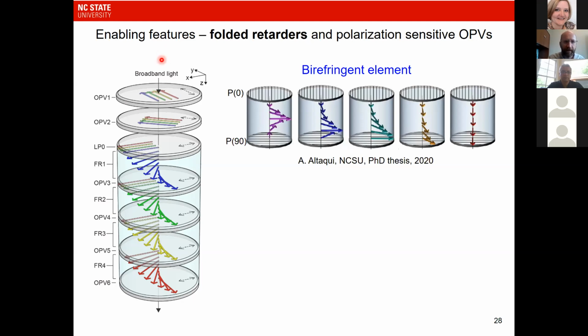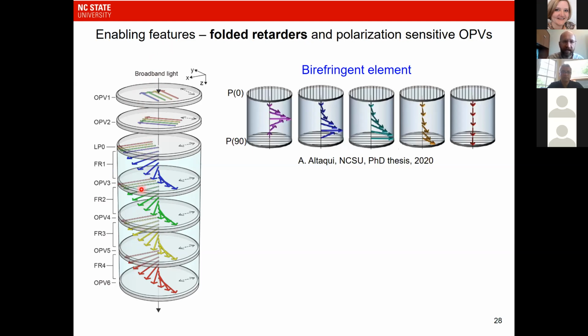If we have some white light, represented by these different colored arrows, with some polarization state, that would be detected by the first two polarized photodetectors. Those polarizers are in different orientations to figure out what that polarization state is. And then this latter stack also measures polarization and color.